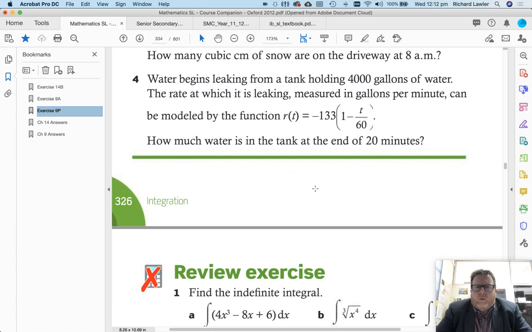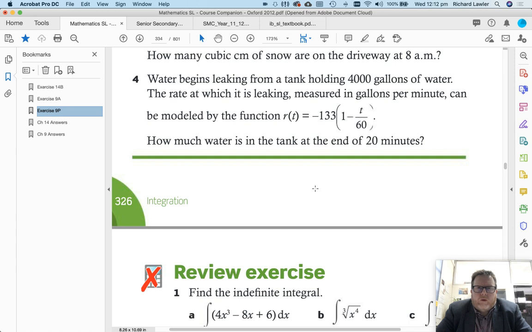Question 4 is: water begins leaking from a tank holding 4,000 gallons of water. I don't know what that is in litres. The rate at which it is leaking, measured in gallons per minute, can be modelled by the function. So it's a rate that has been modelled. R of t equals minus 133 multiplied by 1 minus t over 60.